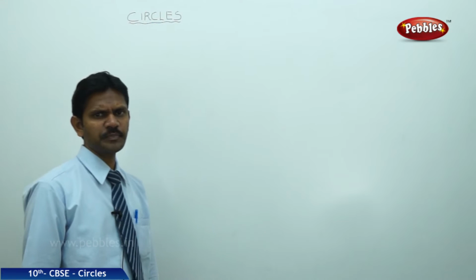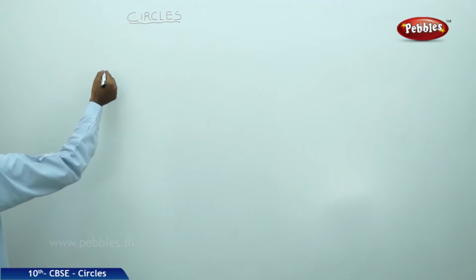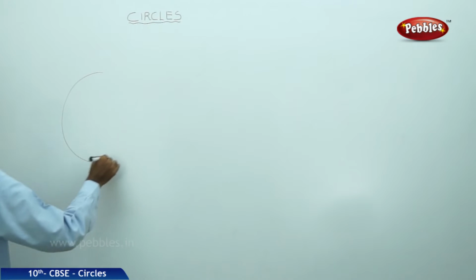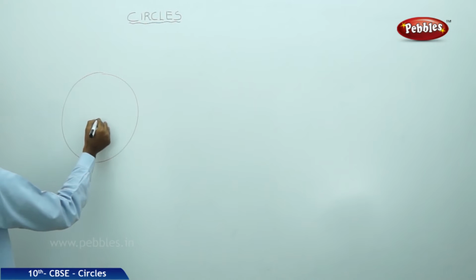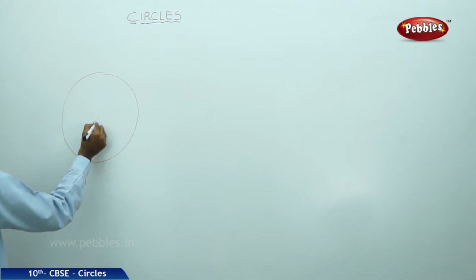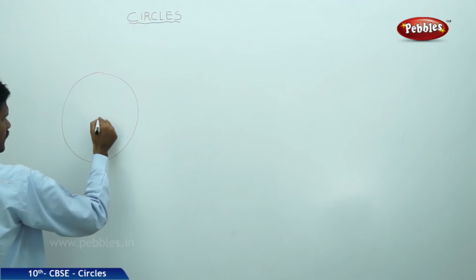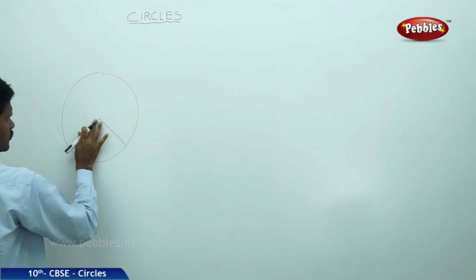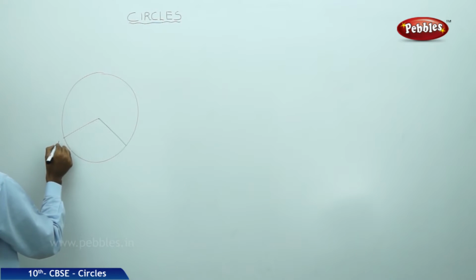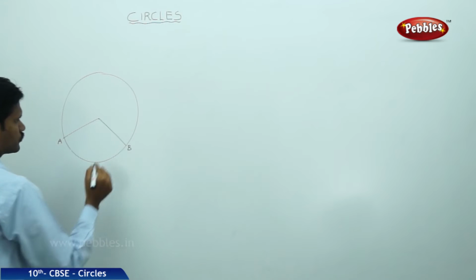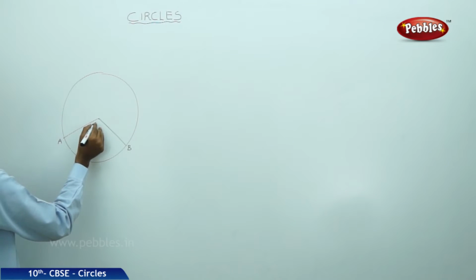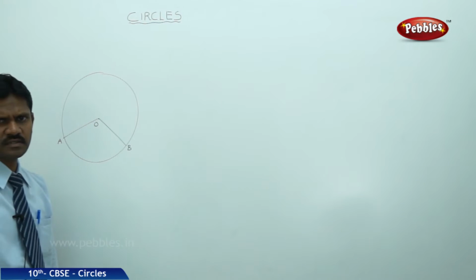Let us see the next concept. It is a circle with center O, where OA is the radius and OB is the radius.